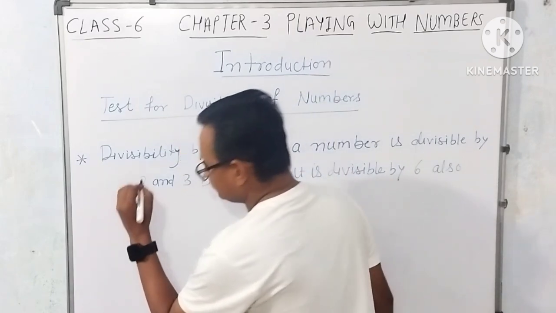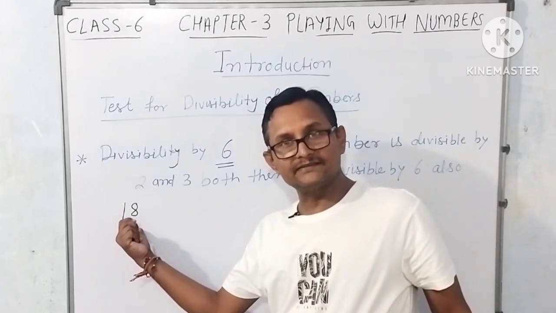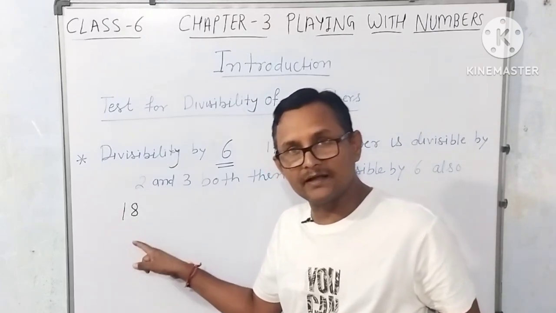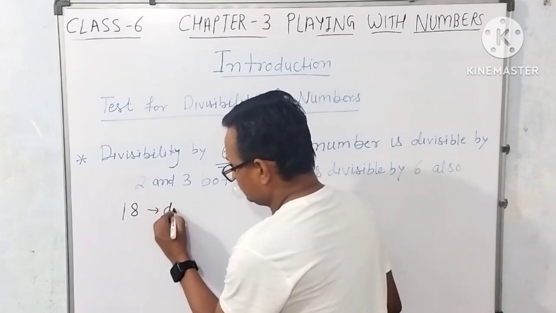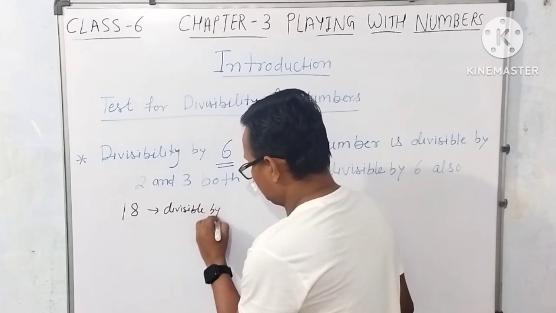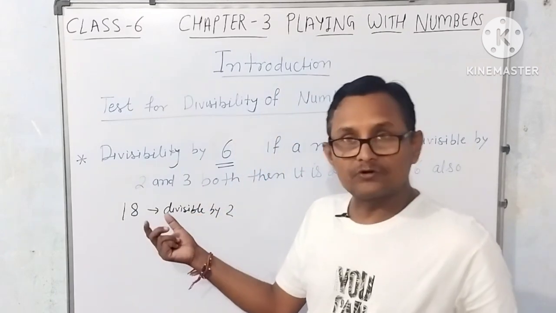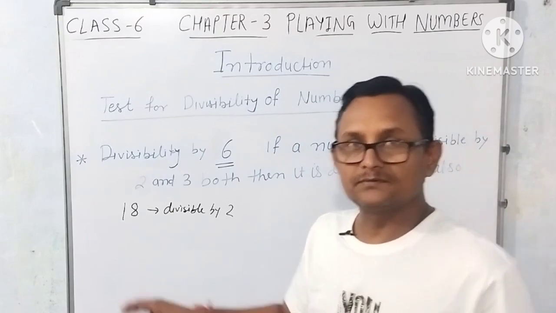18. Friends, the ones place is 8, which is an even number, so it is divisible by 2. For 3, we learned in the last topic the sum of digits.